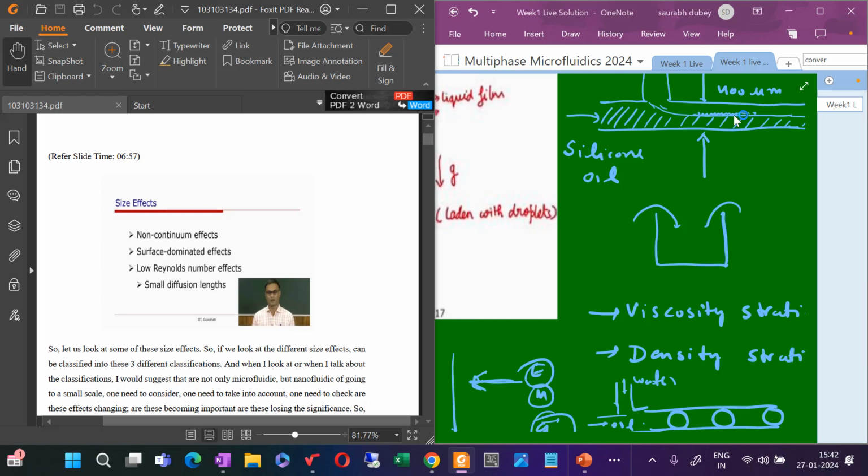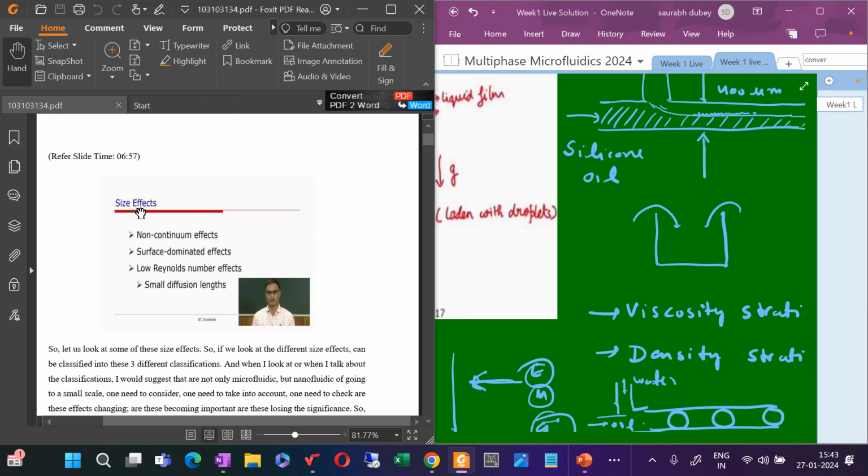If the molecules of the fluid get polarized for any reason, whatever molecular effect we are considering is not the continuum; it is an effect arising from the molecule. So those are non-continuum effects.